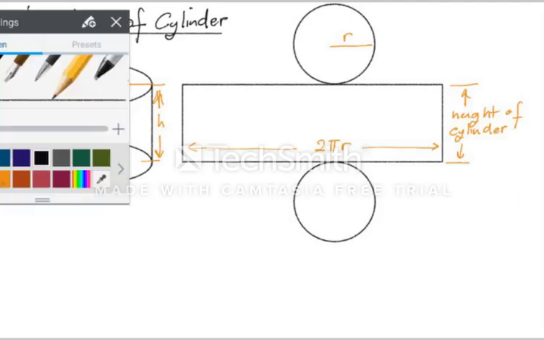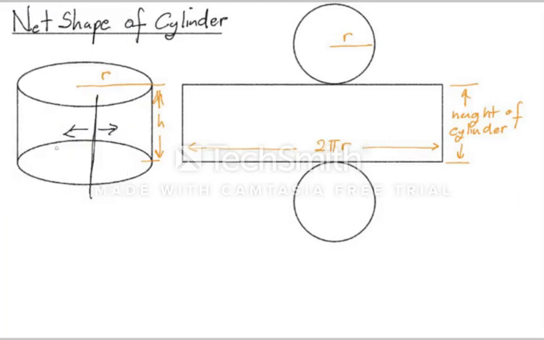Down here is the perimeter, or the distance around the cylinder, and the cross section of a cylinder is a circle, so the distance around is called the circumference. When you open the cylinder out, this length here from here to here is the circumference.